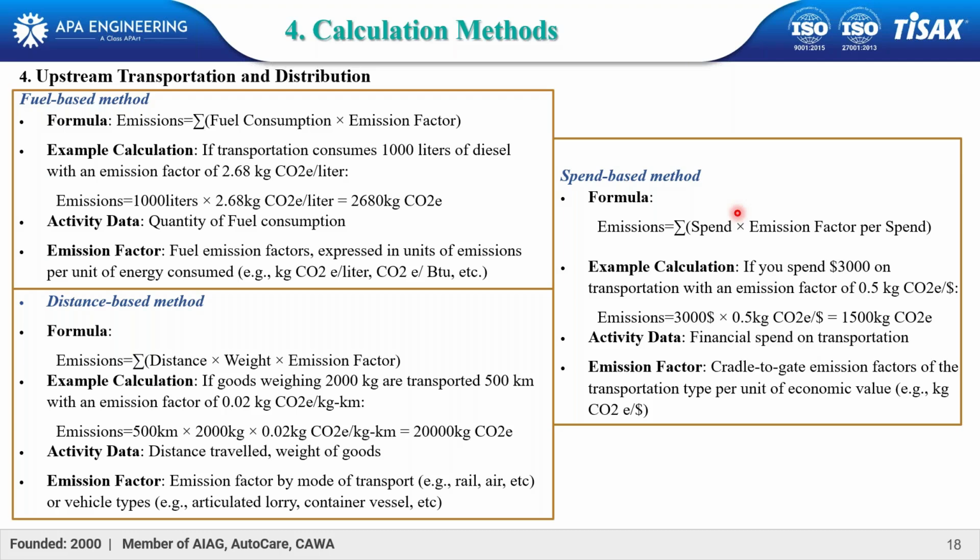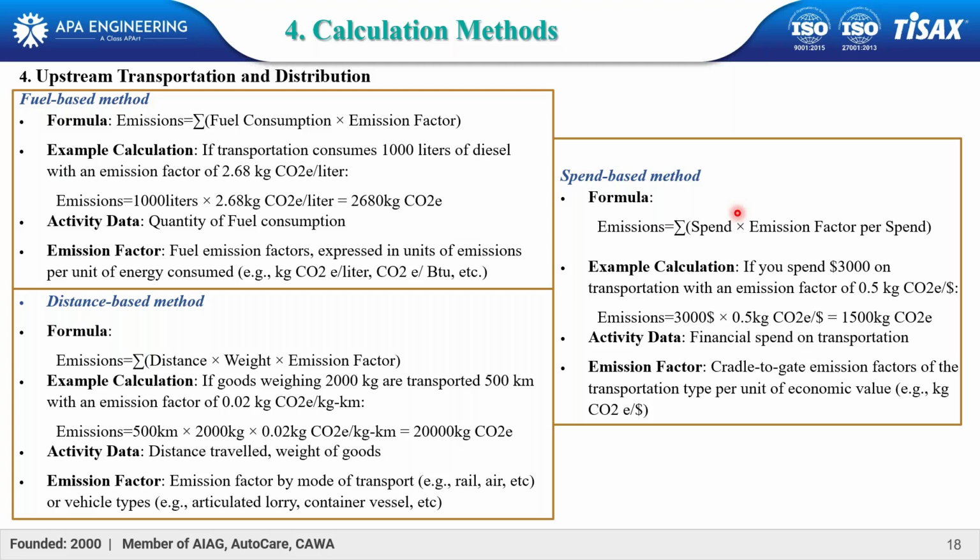The distance-based method uses the distance traveled, the weights of goods, and the emission factor. So, for example, transporting 2,000 kgs of goods over 500 kilometers, with an emission factor of 0.02 kilograms of carbon dioxide emitted per kg-kilometer. The product of these three will give us the emissions, which is 20,000 kgs of carbon dioxide emitted in this case.